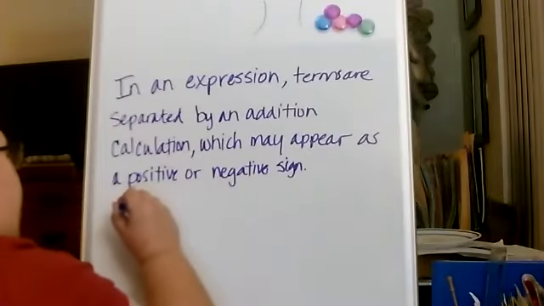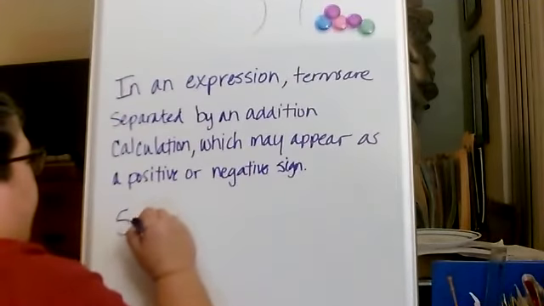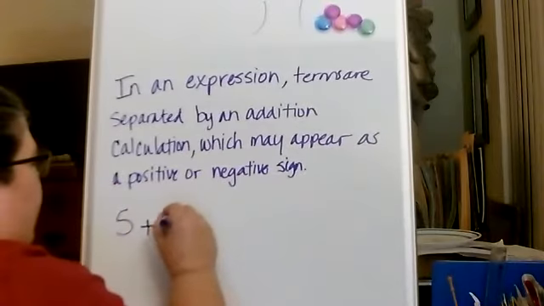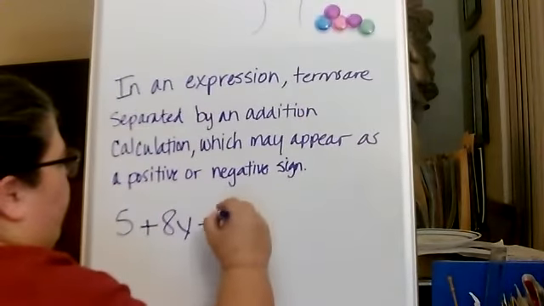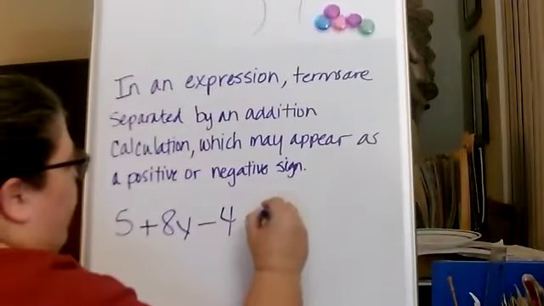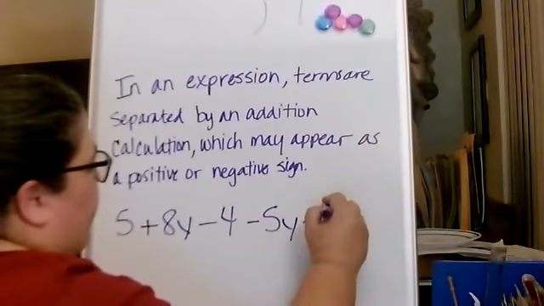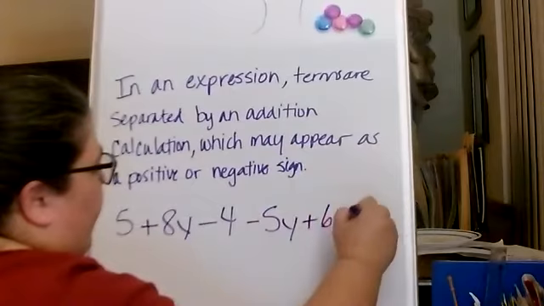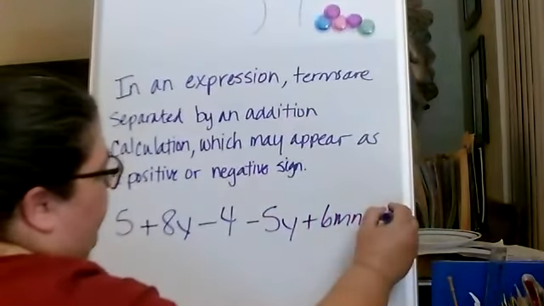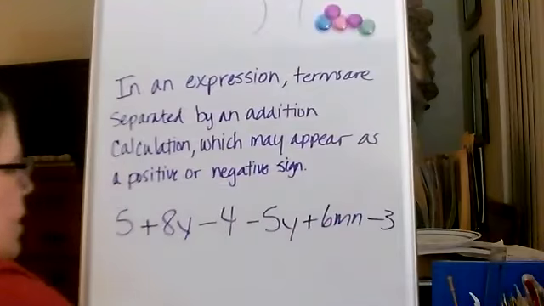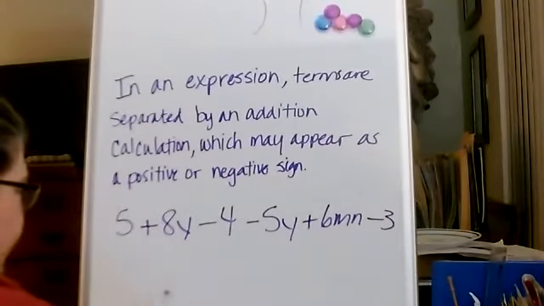So if you have 5 plus 8y minus 4 minus 5y plus 6mn minus 3, and we have to combine all those terms together.